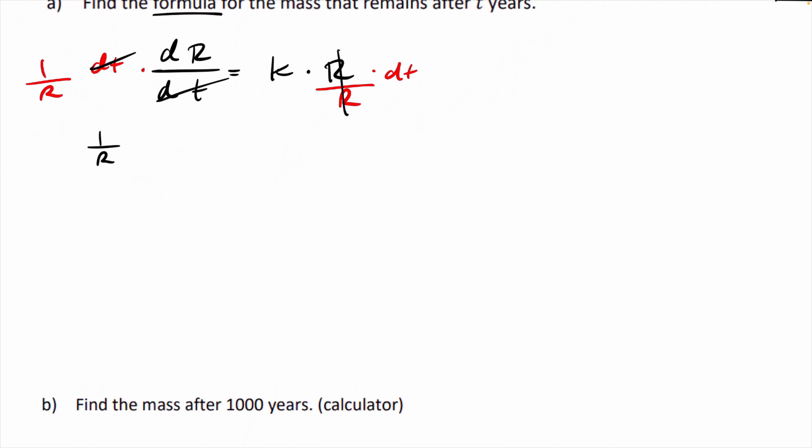One over R dR equals, oops, not equals, k times dt, or k dt, right? Okay. What's the antiderivative of 1 over R?